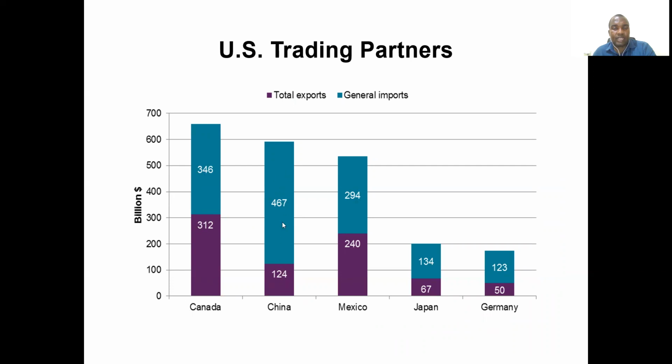The imports from China are more than the exports to China. You know, most countries that trade with China tend to import more from China than they export to China, which is why China has been able to grow. Same goes for Mexico. It seems the balance of trade is tilted heavily against the United States, according to this figure.